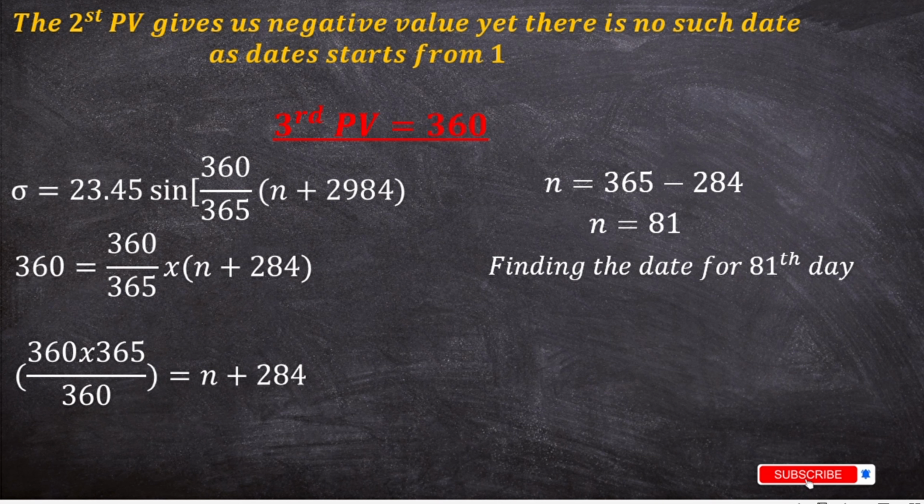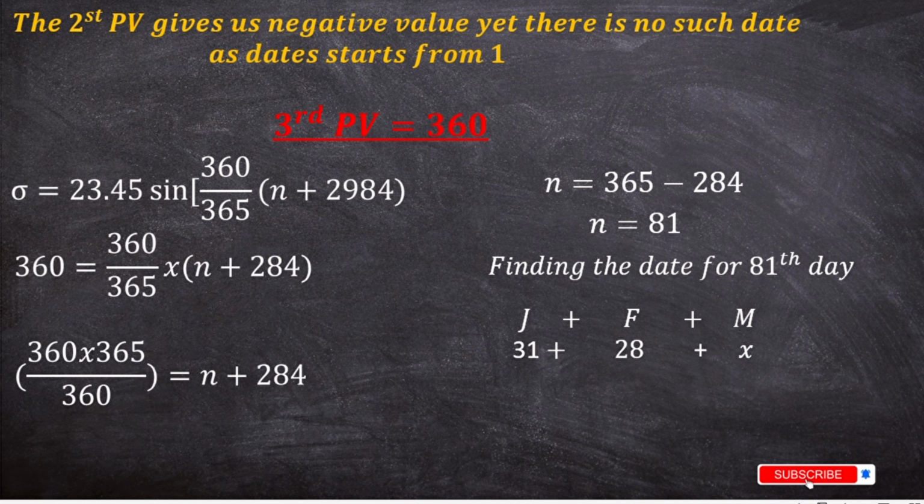We list our months: January, February, March. January ends on 31, assuming it's not a leap year. February ends on 28. So 31 plus 28 plus 31 will exceed 81. So we name it x and find the value of x.